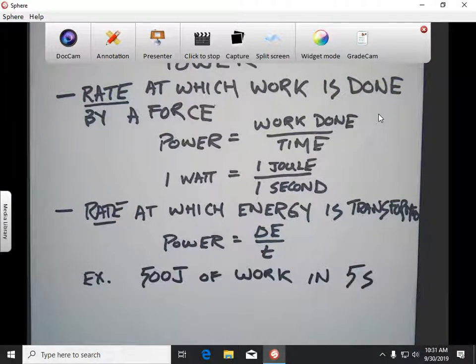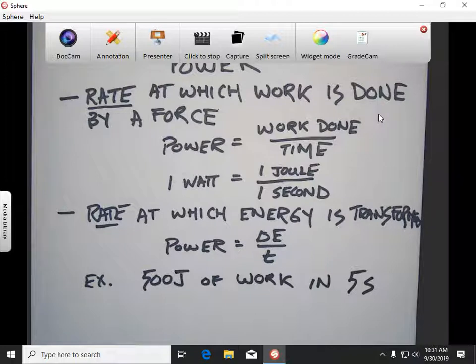So maybe this is a machine that is lifting up a load of some kind, and it does 500 joules of work in 5 seconds.